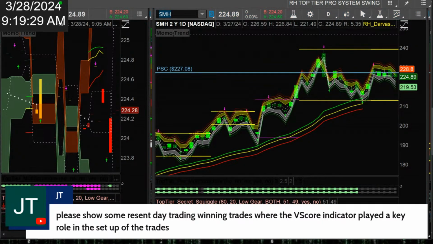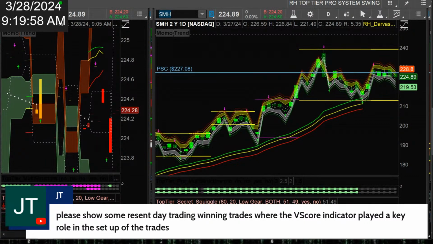So if I'm looking to confirm, and remember, the V-score in and of itself can be used as an entry, but I never teach that. I never say just follow this one indicator blindly. If my V-score is syncing up with support, if it's syncing up with the range we're dealing with, if it's syncing up with a DPMR, with a Darvis, I use it the same way I would use anything else.